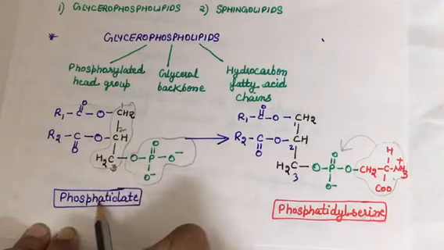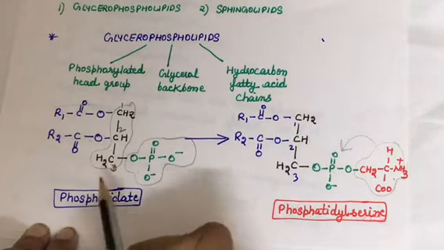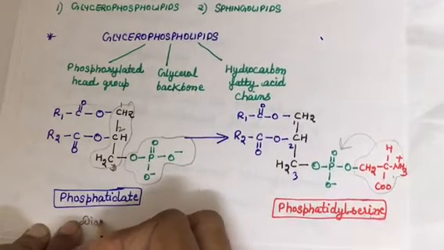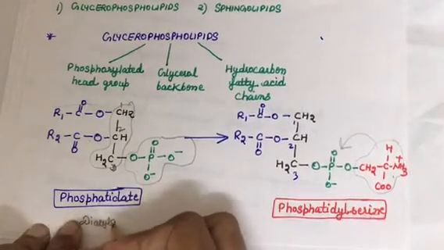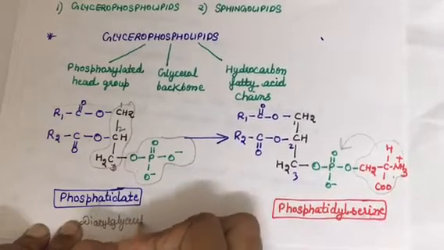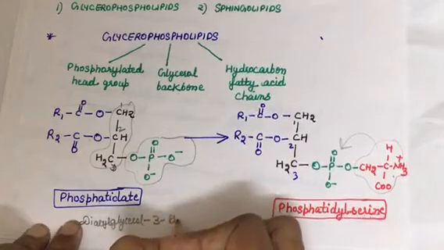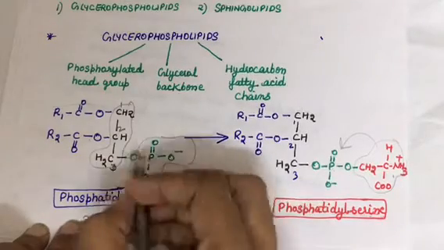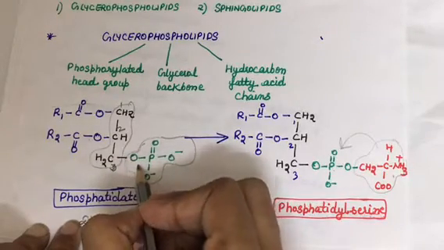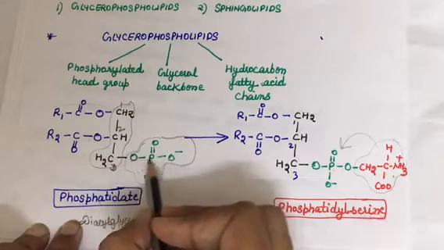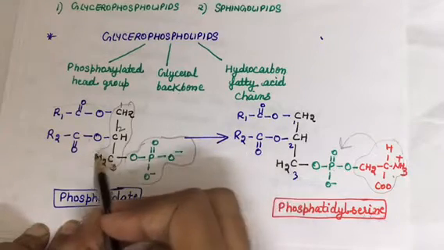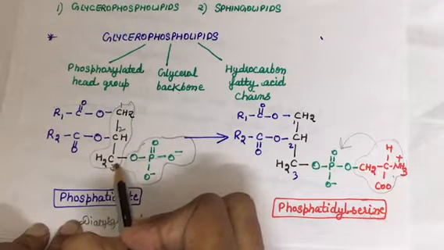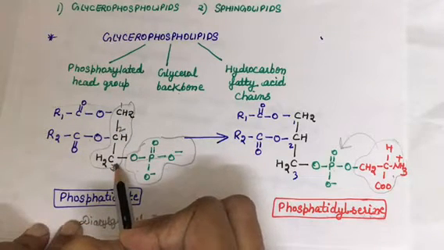So this is the simplest glycerophospholipid, phosphatidate, which is also called diacylglycerol 3-phosphate, which has only a phosphoric acid group esterified to carbon number 3 of the glycerol, right?